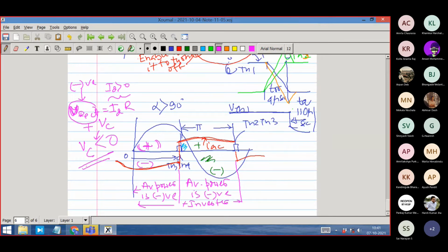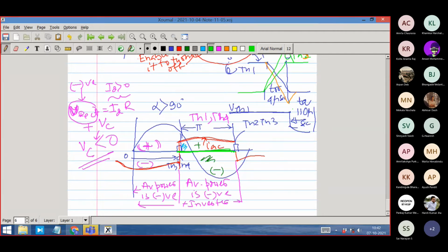However, what is more important from the device point of view is that thyristor 1 and thyristor 4 are conducting in this zone. So what was the voltage across the thyristor during this zone? The voltage was 0, right? And then the moment you have turned off, what is the voltage across the thyristor?